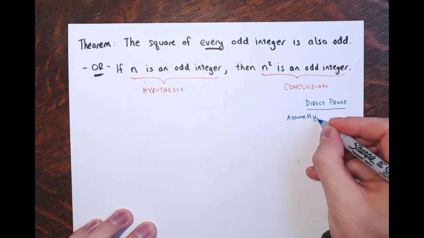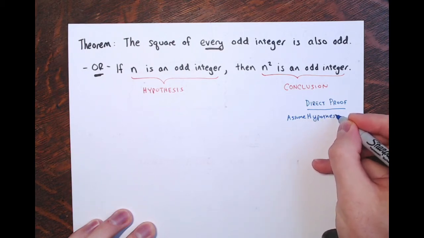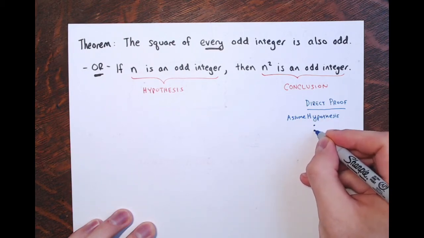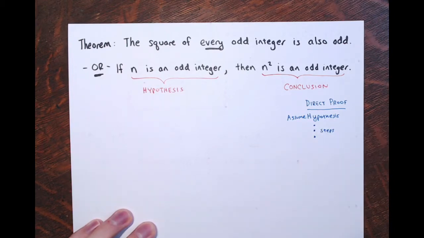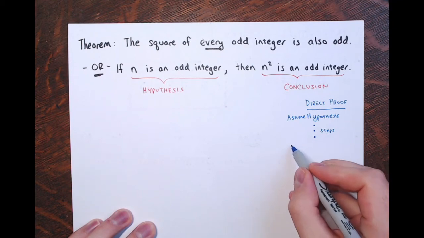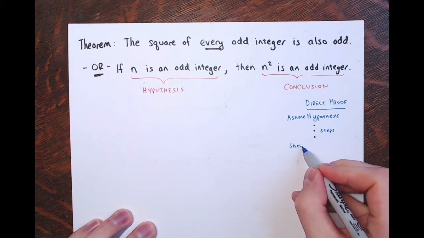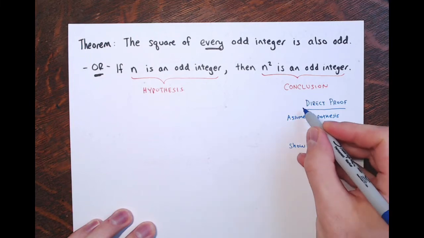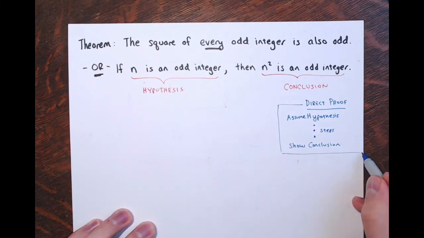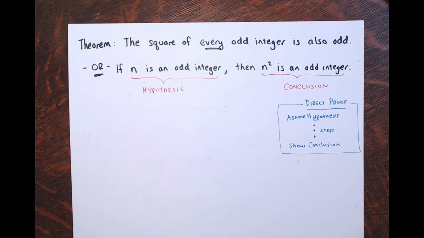You assume the hypothesis is true, and then you write your steps and the reasons for those steps, and you end with the conclusion. You show the conclusion is true. Okay, so this is the structure of a direct proof of an if-then statement or a conditional statement.